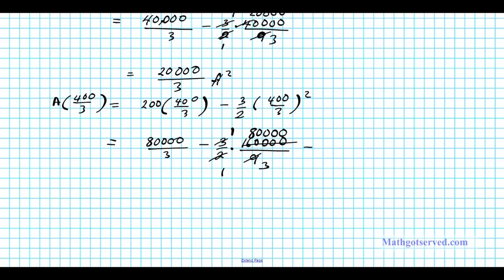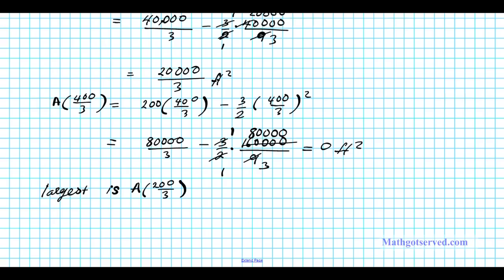If you subtract these two, you get 0 feet squared. So we can see that the largest is A of 200 over 3.